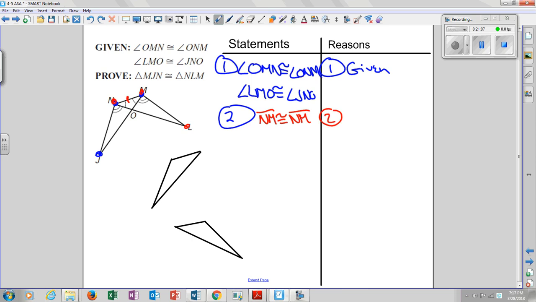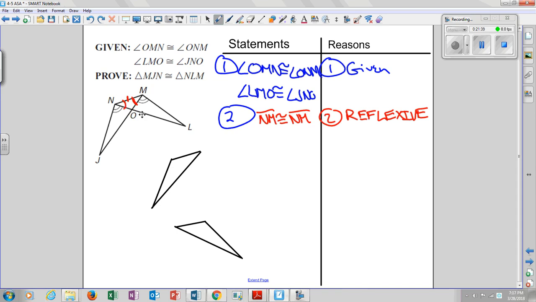And the reason for that is the reflexive property. Okay, so I have this side congruent to itself, and this angle congruent to this one.